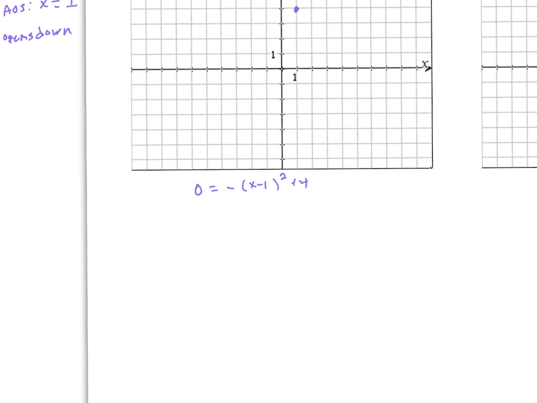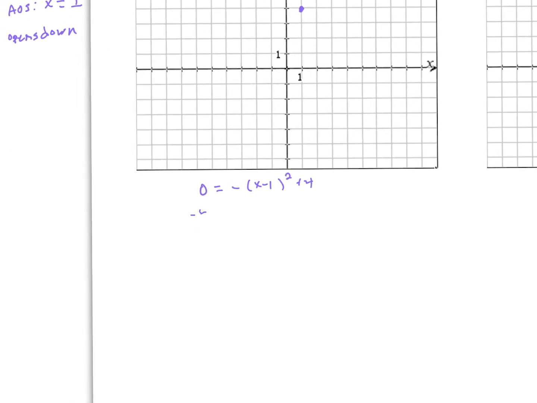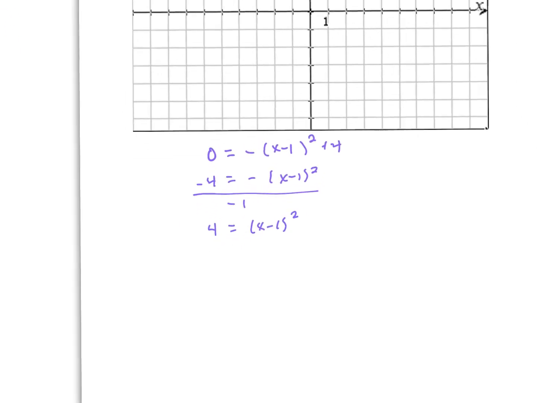So if we solve here, we subtract 4 from both sides, and we can divide by this negative 1. And so we get that 4 is equal to (x minus 1) quantity squared.